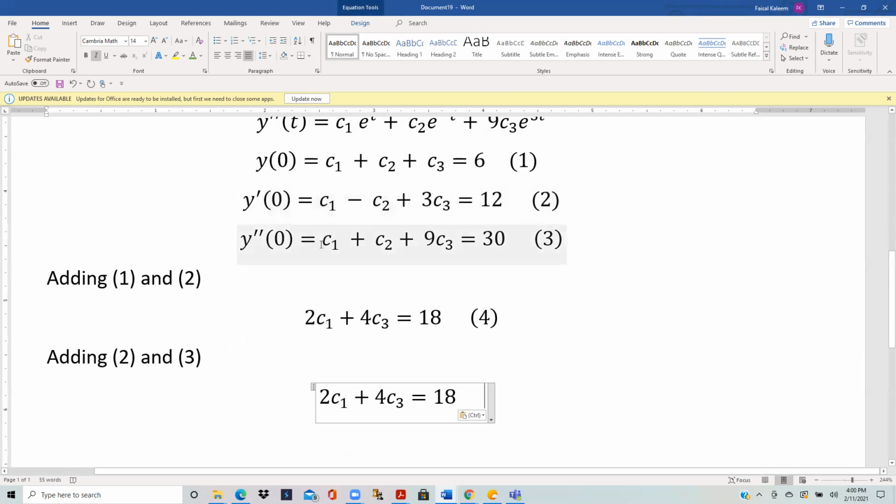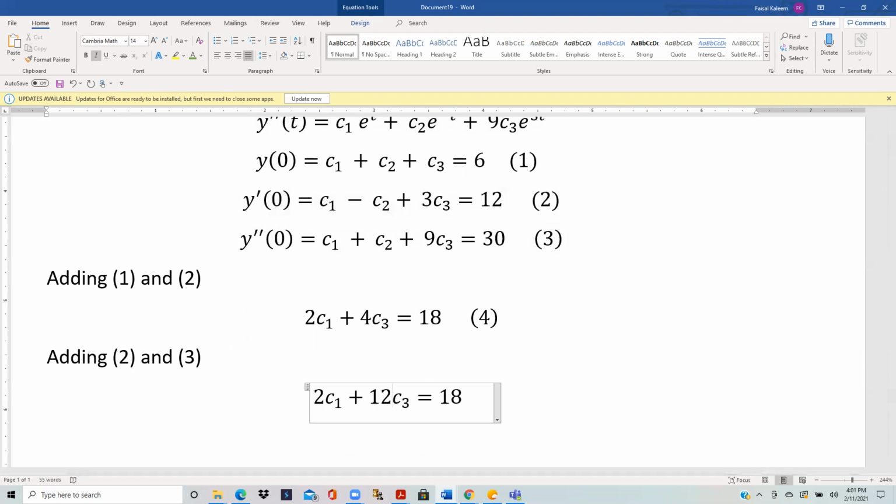So C1 plus C1 is 2C1, minus C2 plus C2 goes away, and 3C3 plus 9C3 is 12C3. And 12 plus 30 is 42. Let's call this 5.